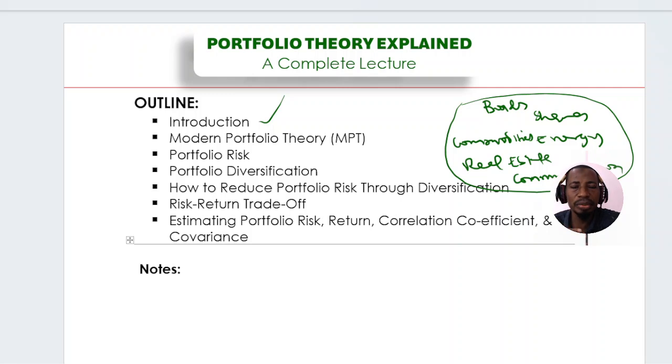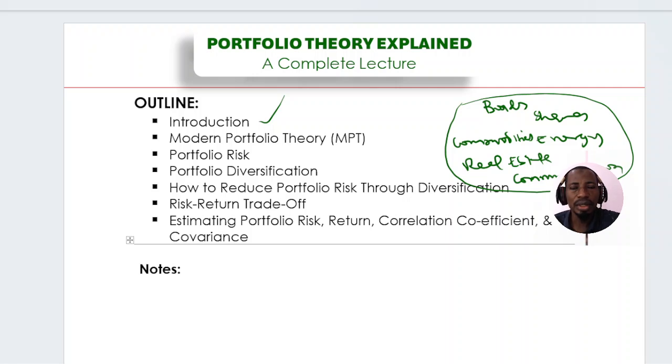The theory stipulates that investors should not only focus on the individual securities in the portfolio, but should also consider how they are related to one another, which is, of course, correlation coefficients in this case.